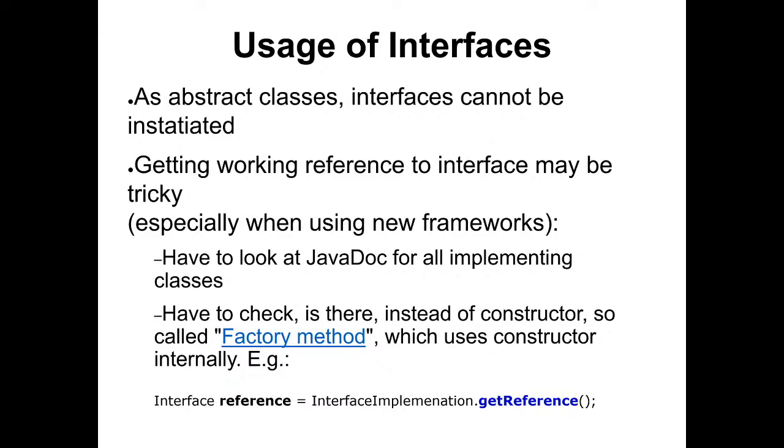And using the interface, we can get a working reference to an object. It can be tricky. Maybe not in the cases I've shown, but imagine you have classes which are really hidden.